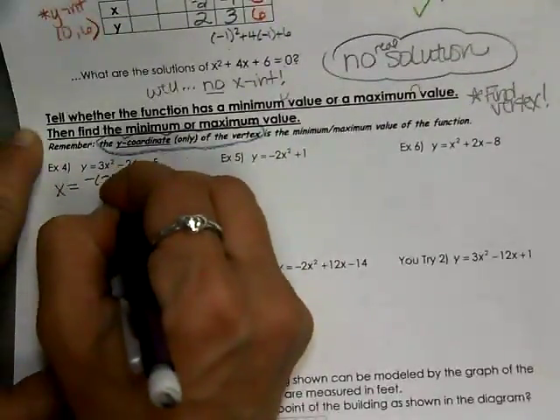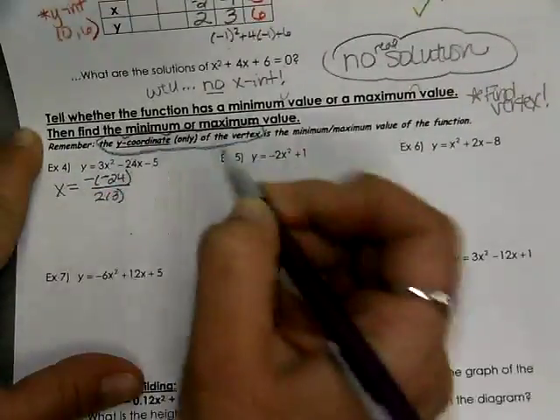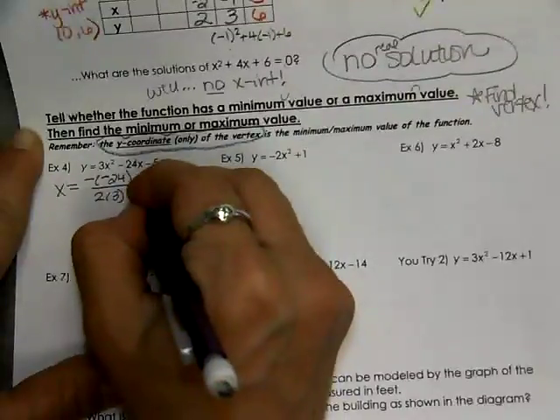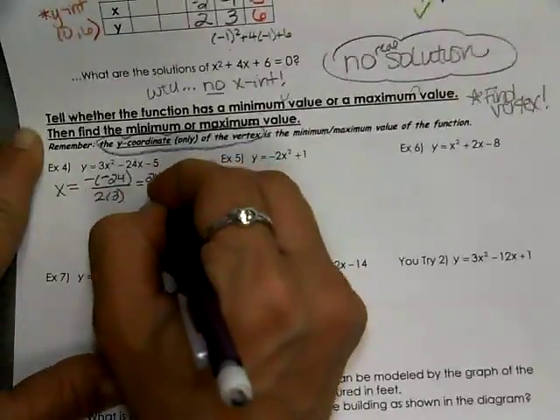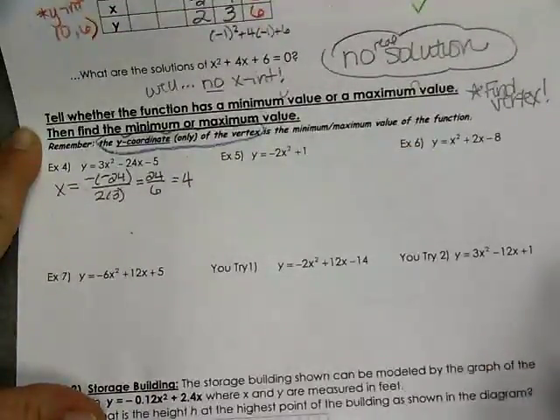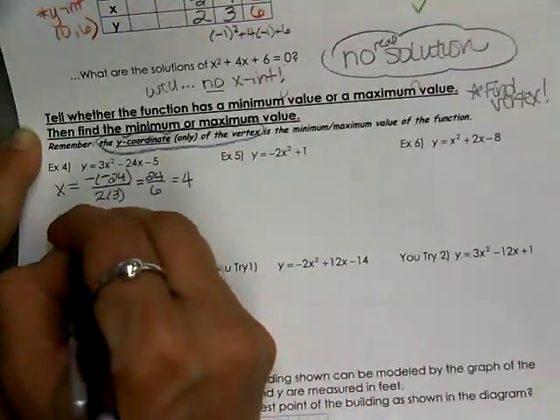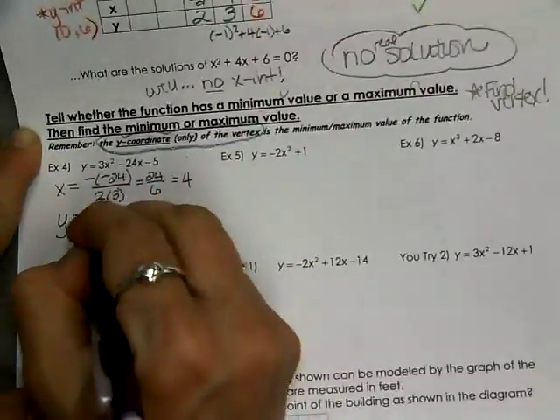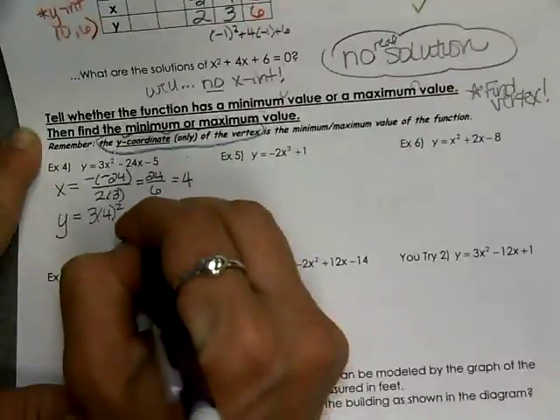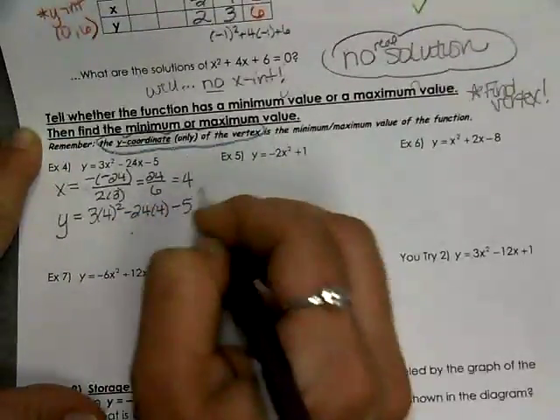So negative b over 2a: negative negative 24 over 2 times 3. That gives me 24 over 6, which is 4. That's the x coordinate. We want the y coordinate. So for the y coordinate, we'll have 3 times 4 squared minus 24 times 4 minus 5.